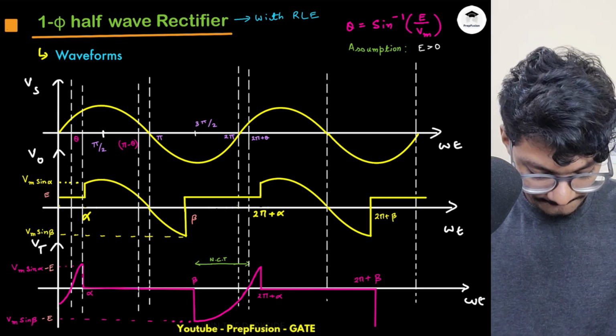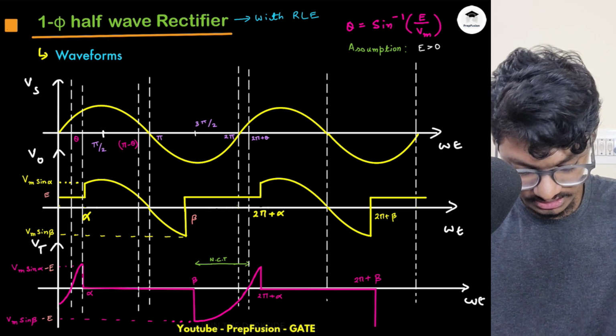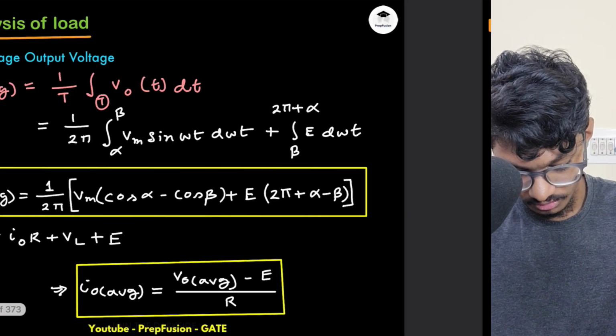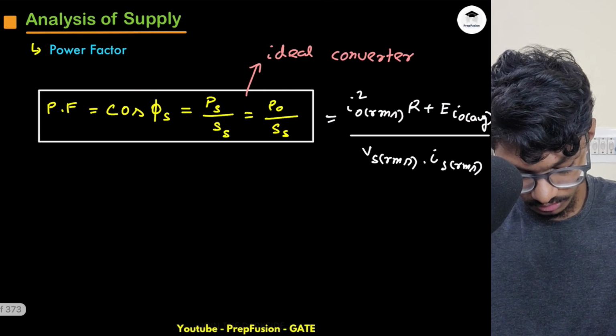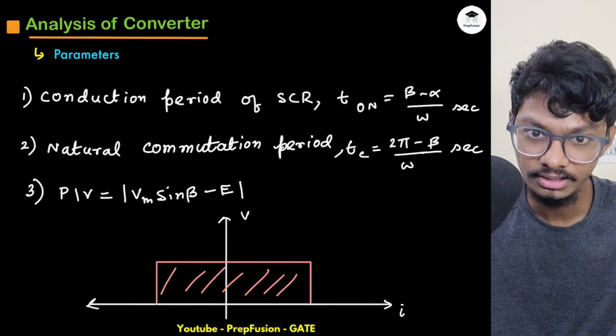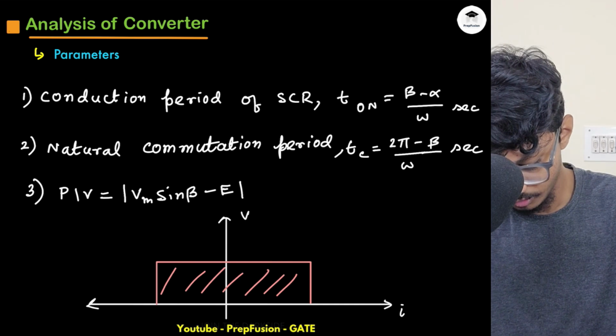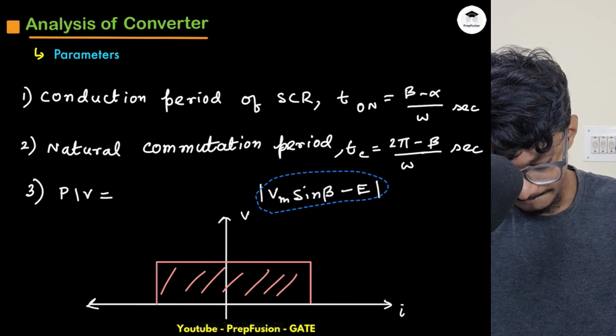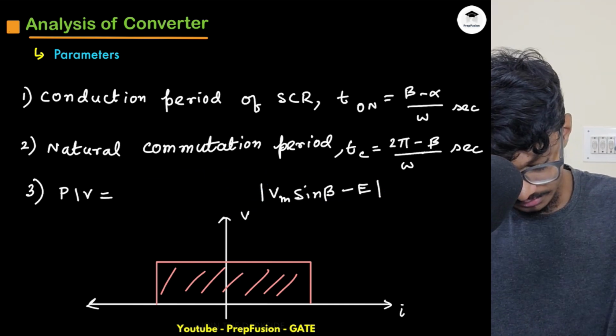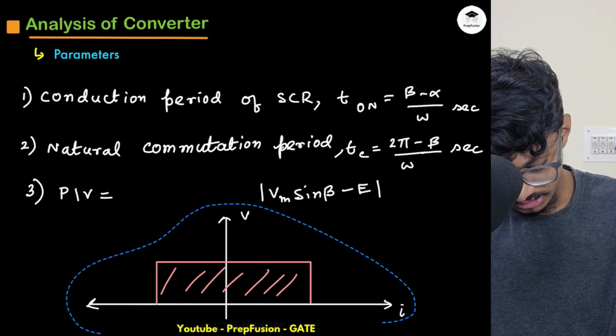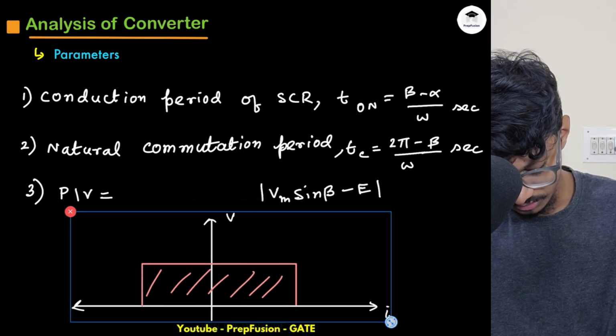So here, if the value of beta is lower than 3 pi by 2, this will be equal to this. If the value of beta is, not lower, sorry, greater than 3 pi by 2, so I will just reduce this.